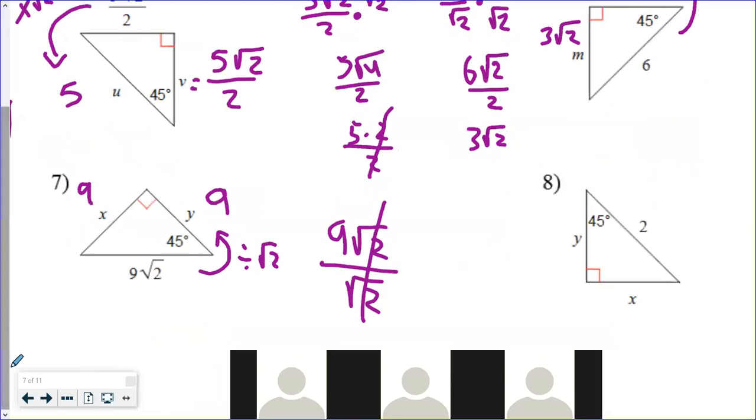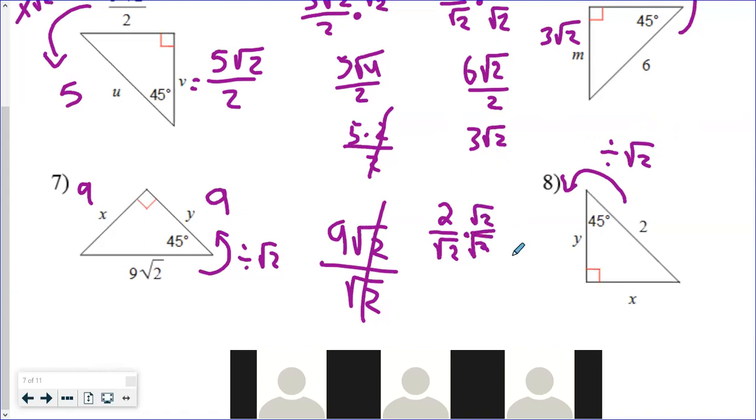We have one left. I'm just going to do that one real quick here. But it's going to be just like the last 2 that we did. We are given the hypotenuse, and we're trying to work backwards here. So in order to go back to the leg, we divide by the square root of 2. So I'm going to have 2 and then divide it by the square root of 2. Now we can't keep the square root in the bottom, so I'm going to times by the square root of 2 here and the square root of 2 here.